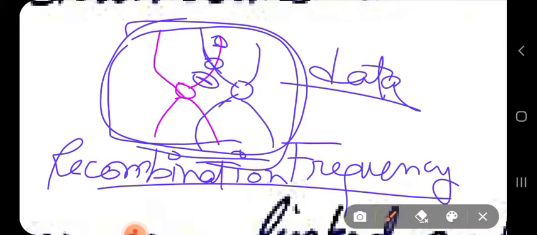Recombination frequency is simply the statistical data of the different types of genetic crosses that are used to see how closely the genes are linked.